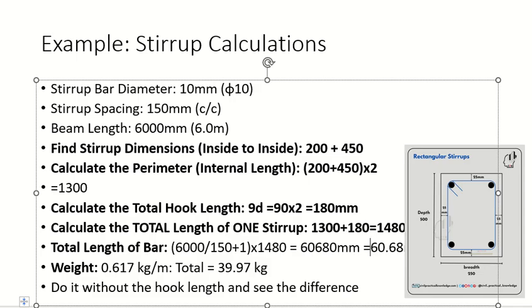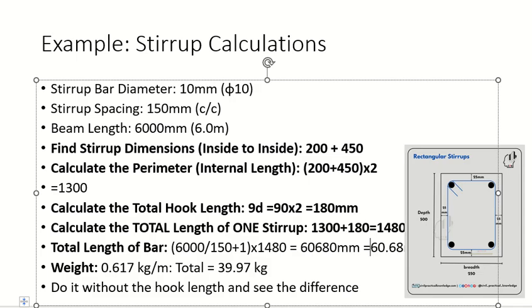So this is the weight per unit length for a diameter of 10 millimeters. If the diameter is 10 millimeters, what is the area of the bar? Tell me. Give me a number. 314 millimeters squared.